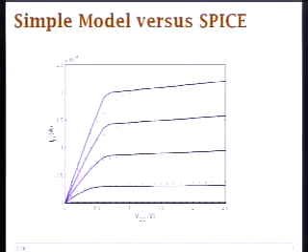Now, as I mentioned, you have to take these models with a grain of salt and make sure that you extract models that are accurate enough for the purposes that you use them for. This graph shows a simple model given in these blue lines, assuming constant velocity saturation, versus SPICE.